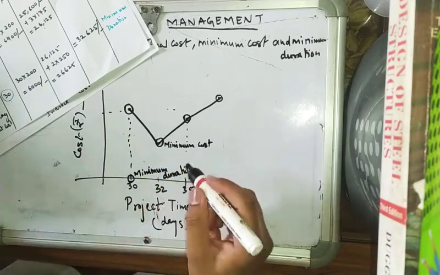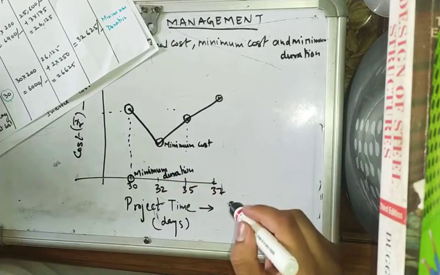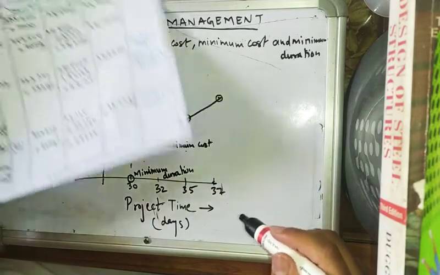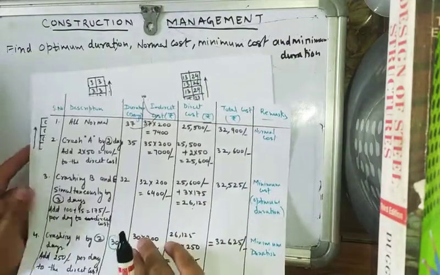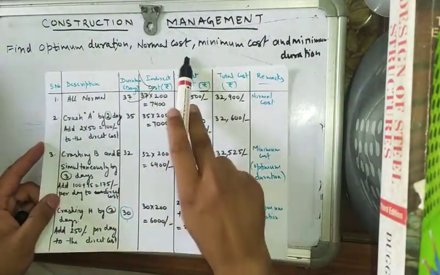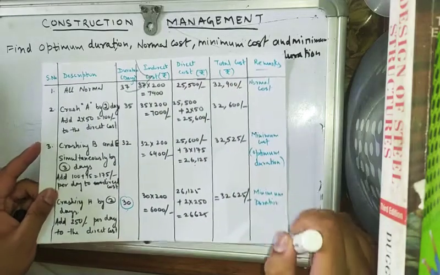This is the minimum duration, this is the minimum cost. So this is how we have crashed with this mathematical model and obtained the optimum duration, normal cost, and minimum duration for this project.